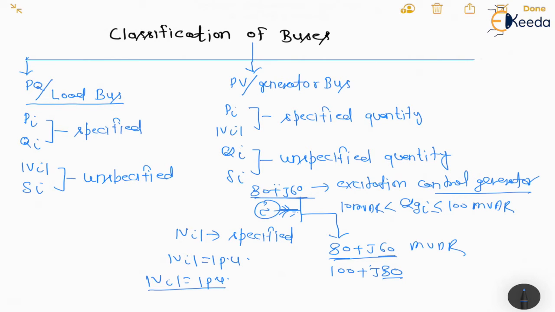So the generator needs to calculate what amount of reactive power it has to generate more. So QGi will be calculated and then it will generate.